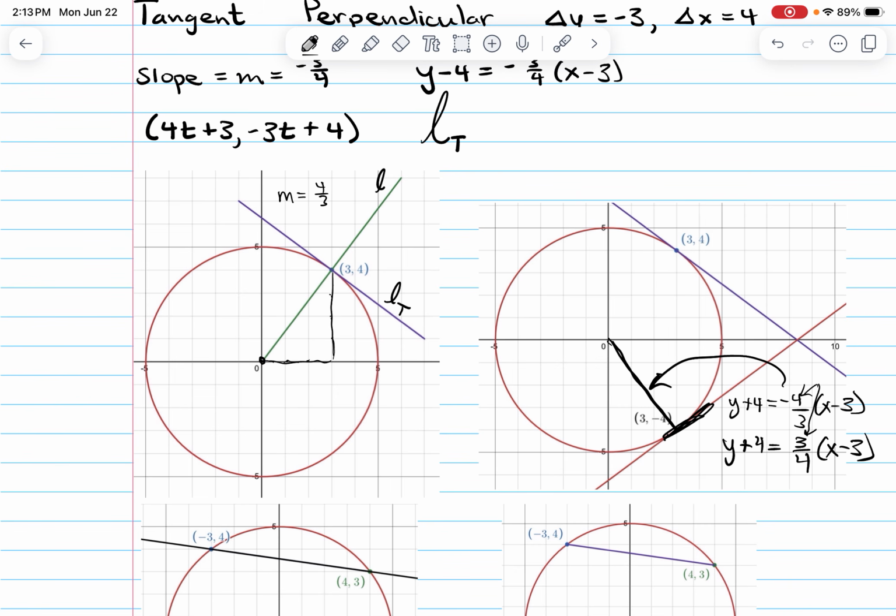So that was negative 4/3, and now it is 3/4. Okay, so you can see 1, 2, 3, 1, 2, 3, 4. Yeah, and if you want the tangent, notice that the delta x for the tangent is going to be 4, and the delta y for the tangent is going to be 3. So then you could make the parametric form for these, okay, for this line right here.